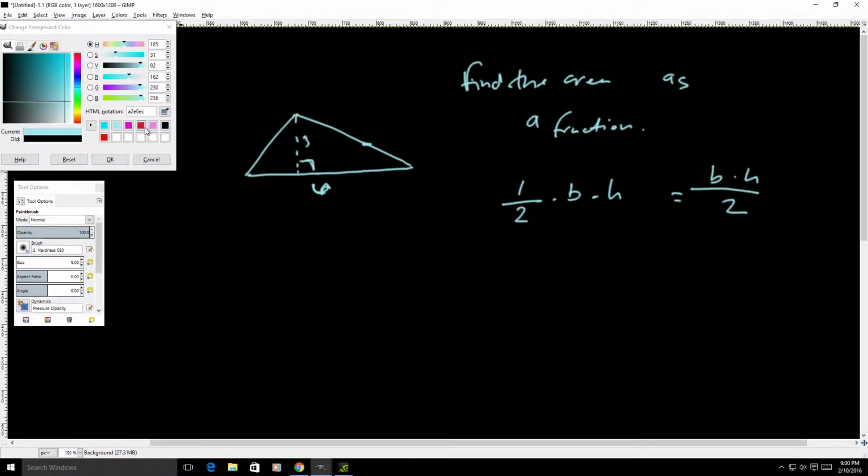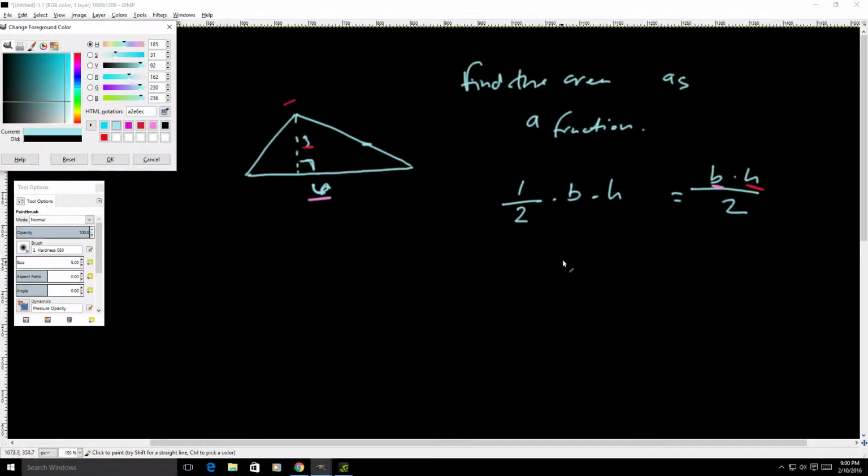So that being said, I believe we can find it. We have the height, we have the base, so we seem to have everything we need. This right here would be the base, and this right here, the 3, would be the height. So we could just plug it in.